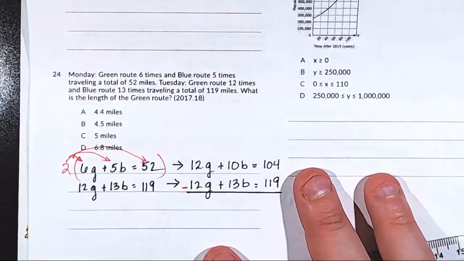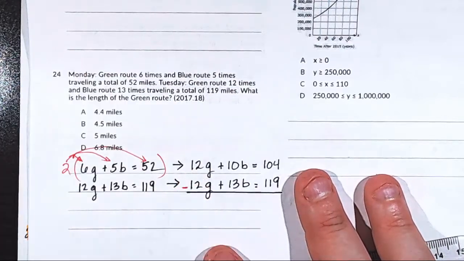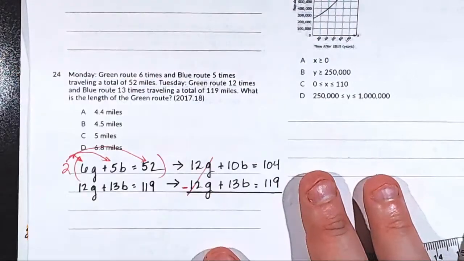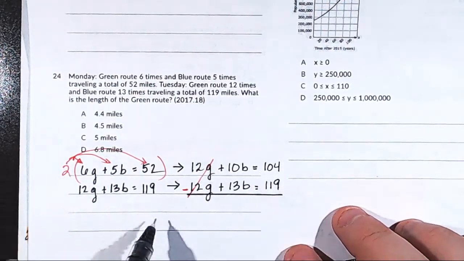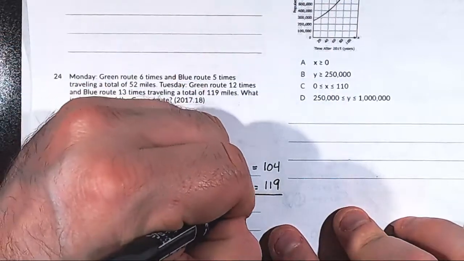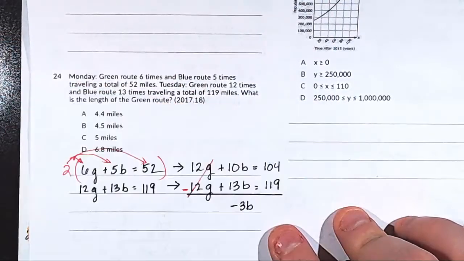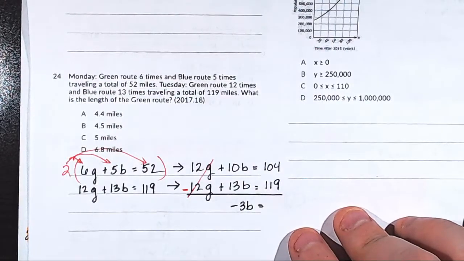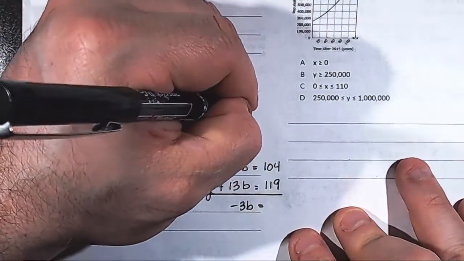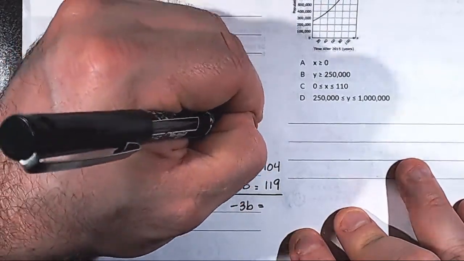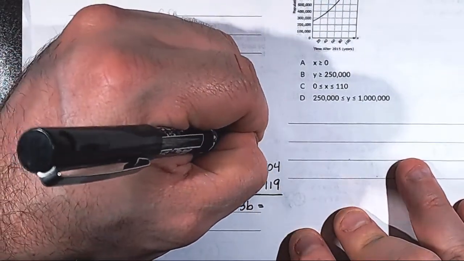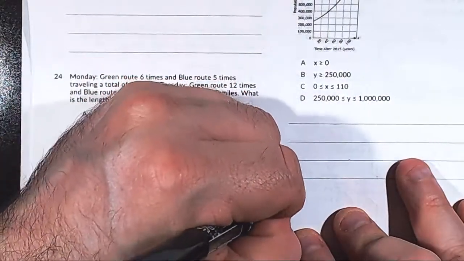And the reason we do that is because 12g minus 12g cancels out, and now we can solve for one of the variables, b. So 10b minus 13b equals negative 3b equals, and now 104 minus 119. Well, 119 minus 104 equals 15.